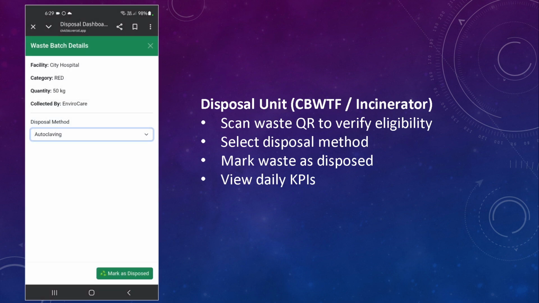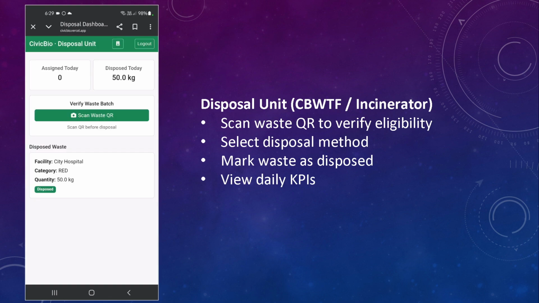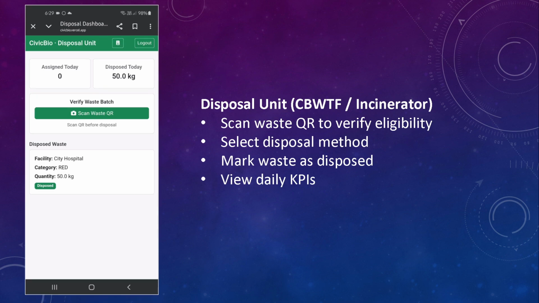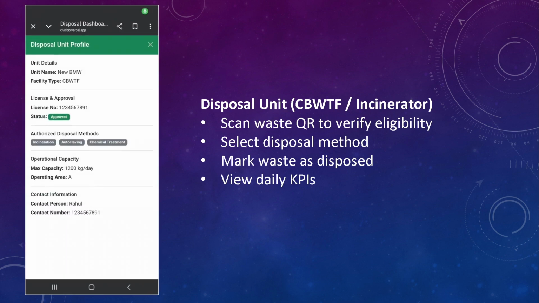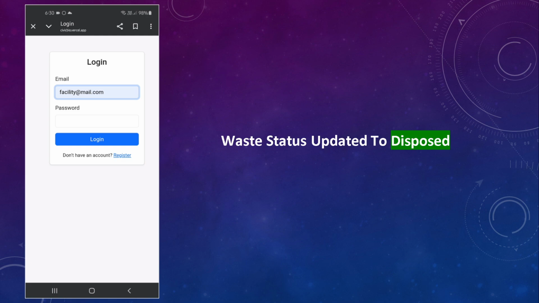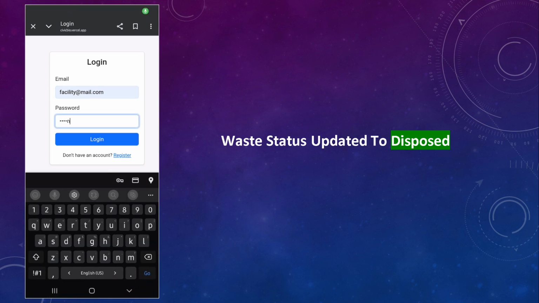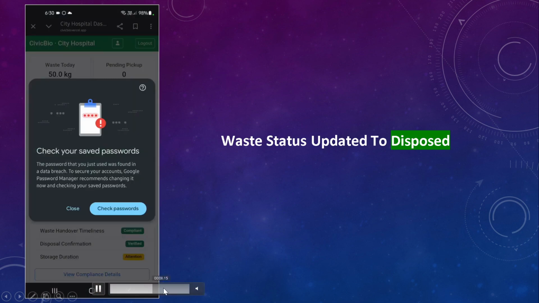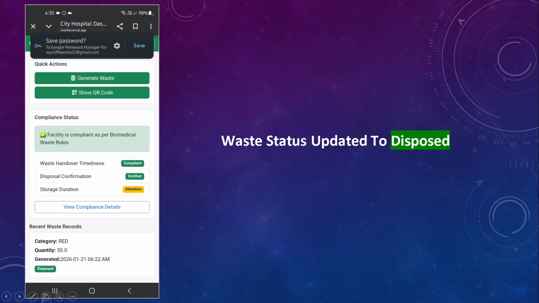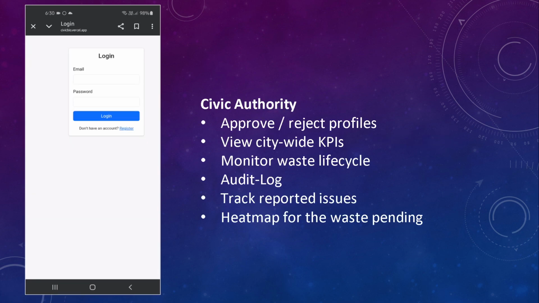Here you can see we have assigned the disposal method. As we scanned the QR, it fetched the data about the waste, and the status is updated to disposed. If you want to see the profile of the disposal unit, you can click on the profile icon, and as you can see, the status has been updated to disposed.